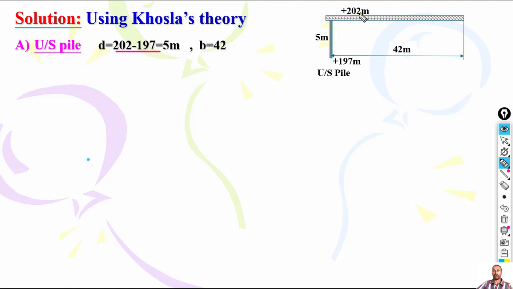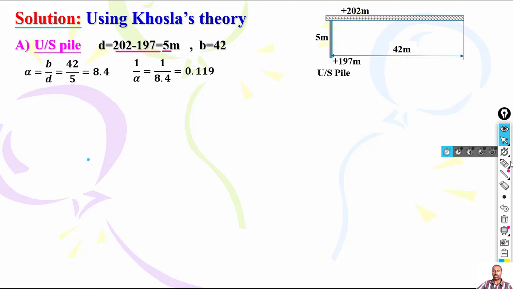The depth of the sheet pile is 202 minus 197, so it will be 5 meter, and the bottom dimension is already given as 42. You can determine the other parameters, alpha, which is B over D. So you have B total 42 and D 5, then 8.4. So 8.4 is given, so you have alpha, and 1 over alpha will be used for Khosla's chart.